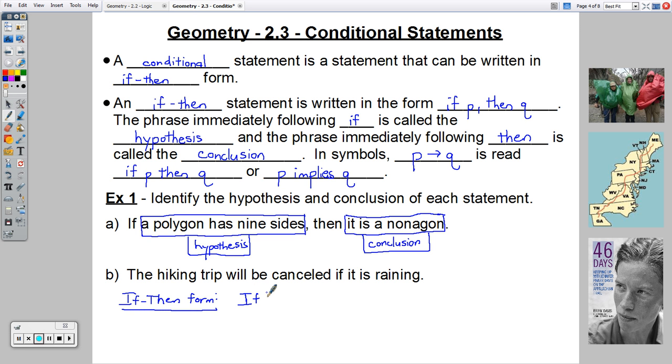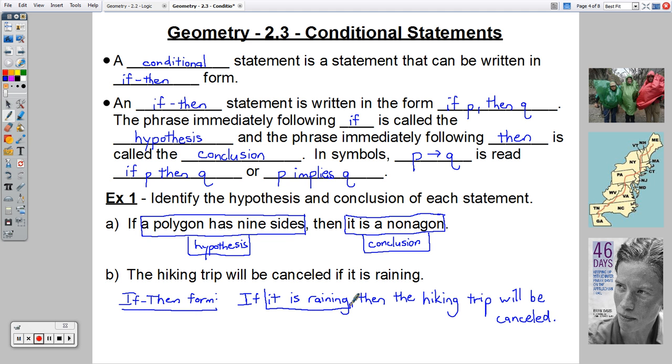You wouldn't have to do this necessarily to identify the hypothesis and conclusion, but I think it makes sense to do so. So if it is raining, then the hiking trip will be canceled. I'll write that underneath there. So we have to identify the hypothesis, so that's the part after the if.